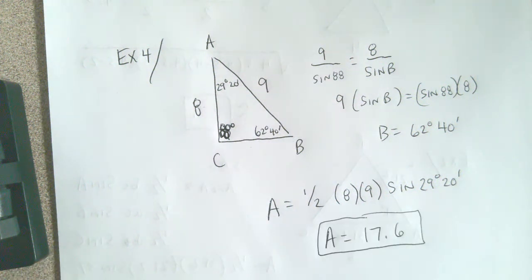So for area I get 17.6, and again, that's the area, so it's going to be units squared. I haven't given you a unit for that, but that's the area for that one.